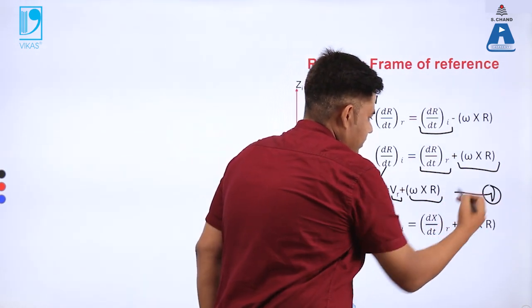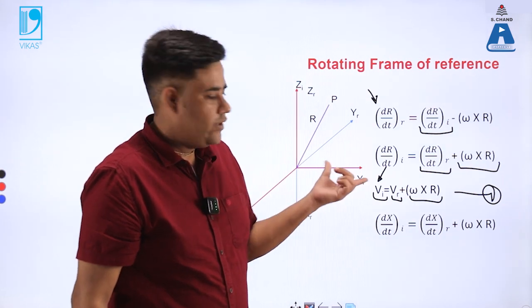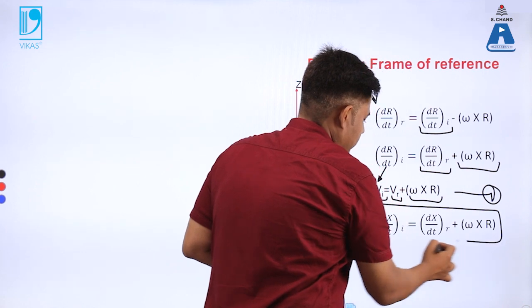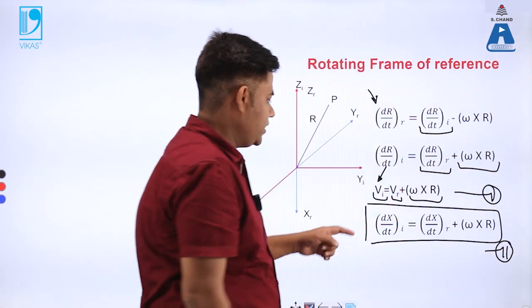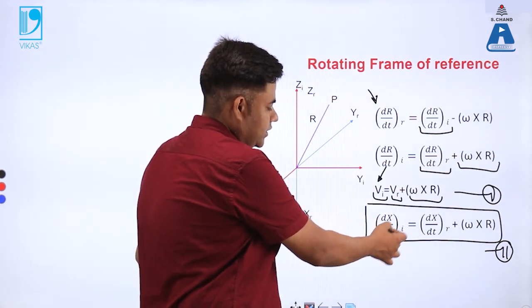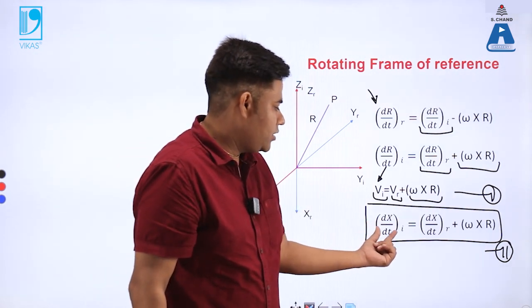One is this expression, which would be a standardized expression for the rotating frame of reference, and another is the second expression, which would also be a standardized expression in terms of distances. So x here is the distance, and dx by dt indicates the rate of change of distance, that would be the velocity component.